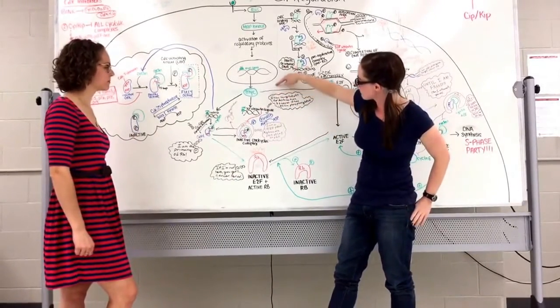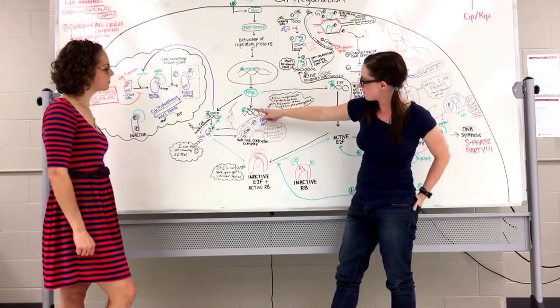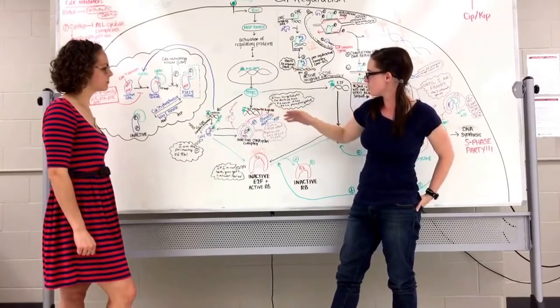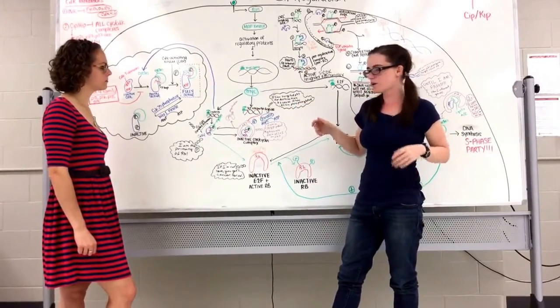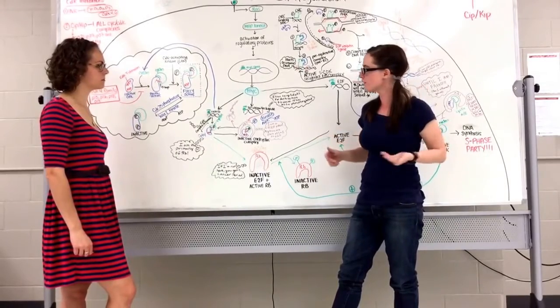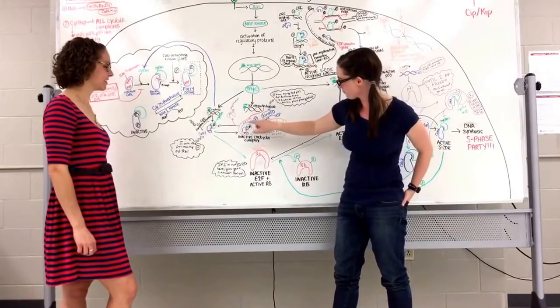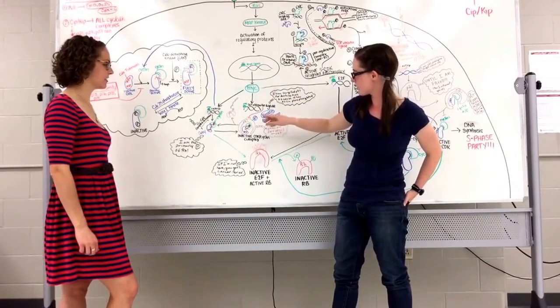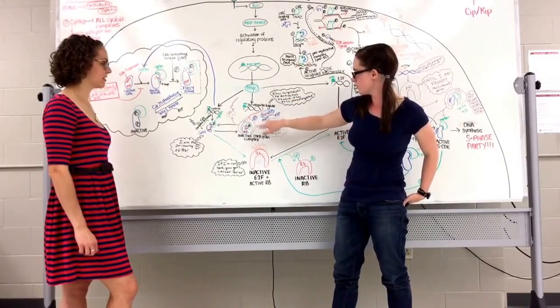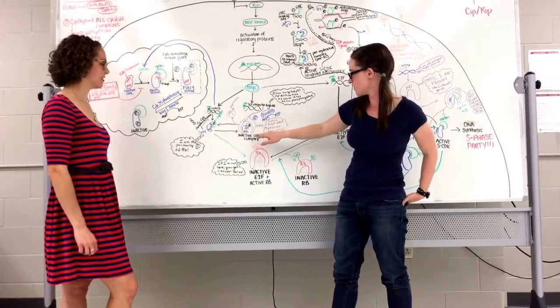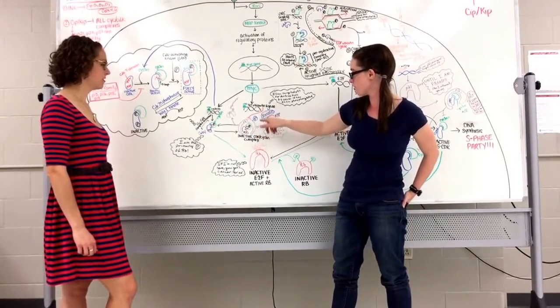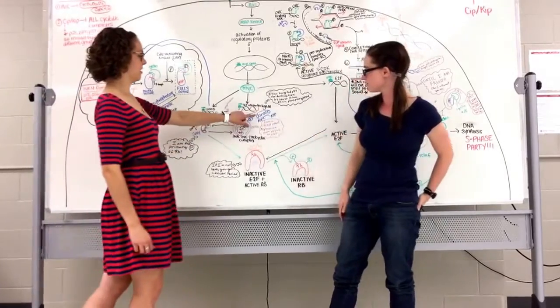Once MYC transcribes the SCF ubiquitin ligase, it takes the p27 off of the CDK-cyclin complex by phosphorylating it and then ubiquitinating it.